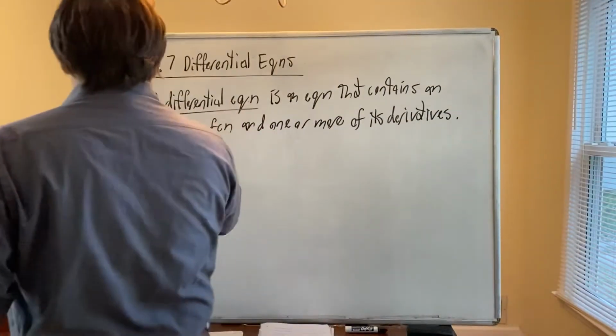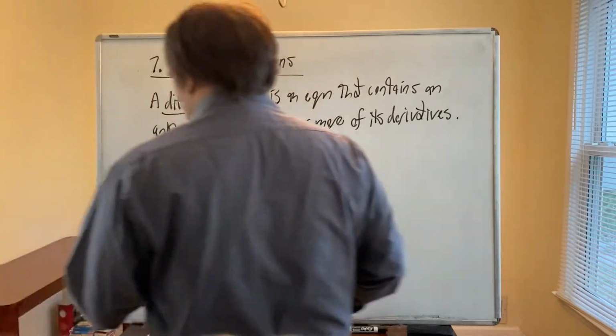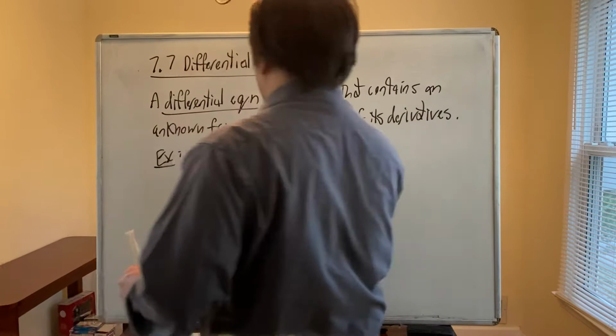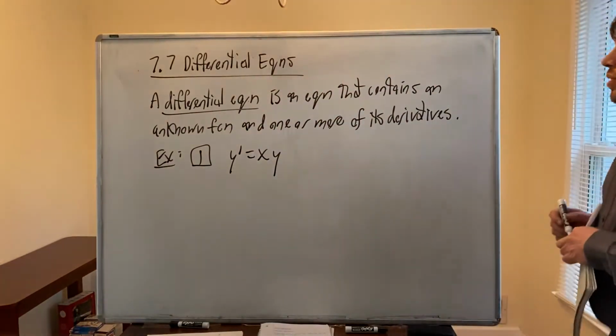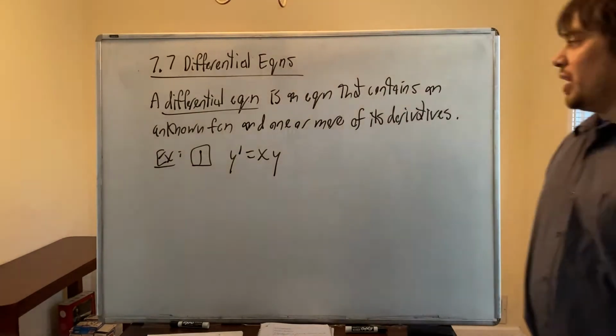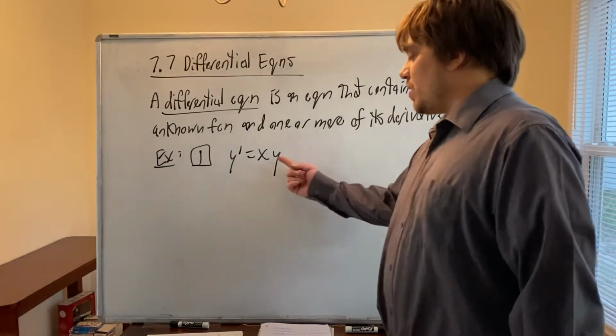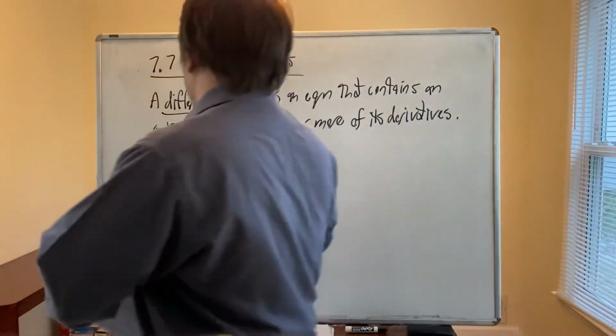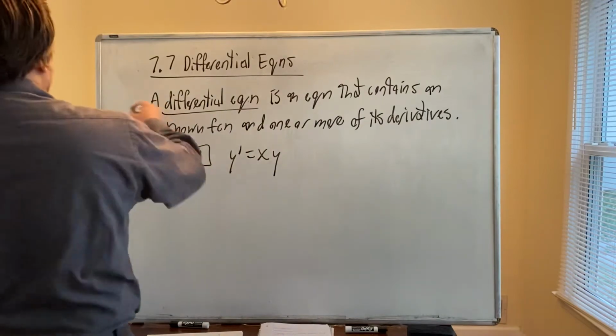And here are some examples. The first example is y prime equals xy. The definition of a differential equation is an equation that contains an unknown function and one or more of its derivatives. This contains the function y and one of its derivatives, y prime, so that is a differential equation.